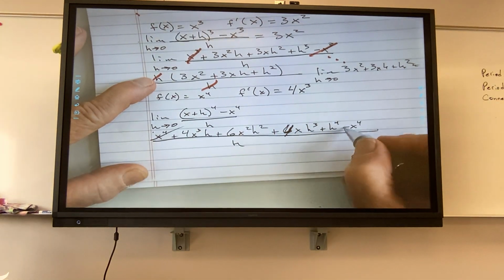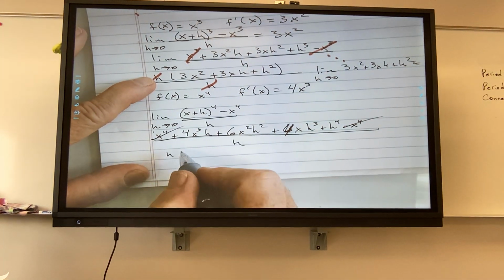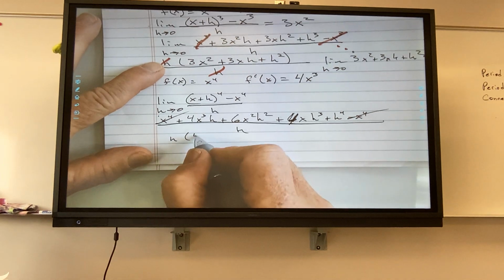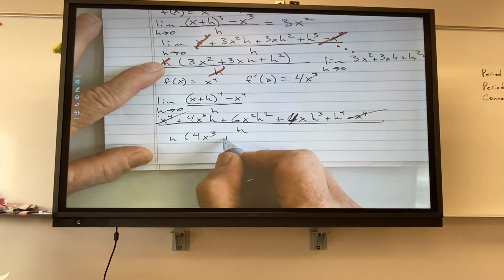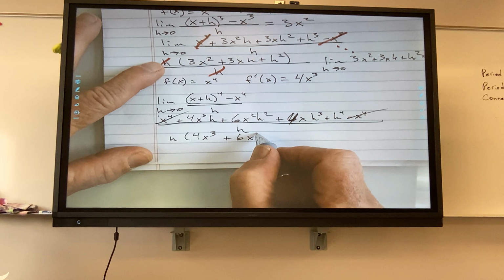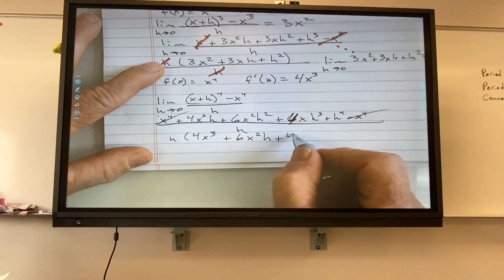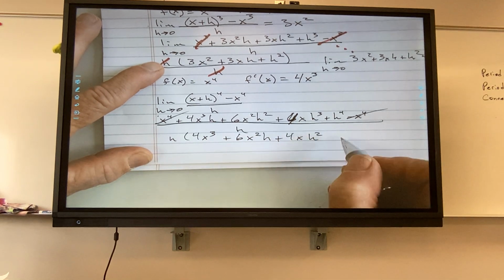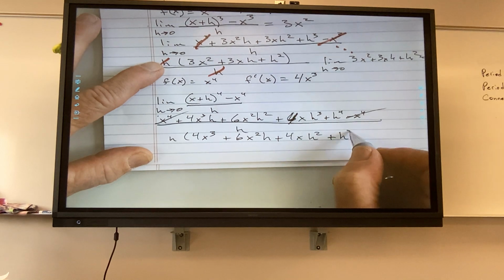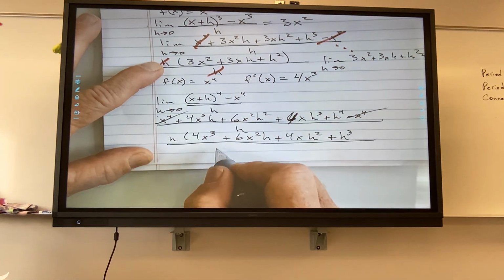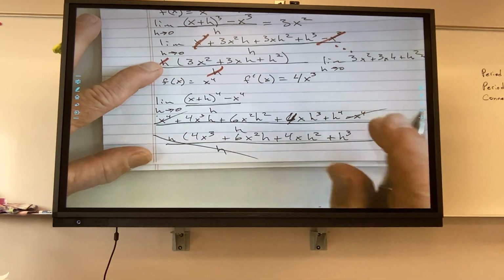And those are gone. I factor out an h. I get 4x cubed plus 6x squared h plus 4x h squared plus h cubed. This is over h. The h's are gone.